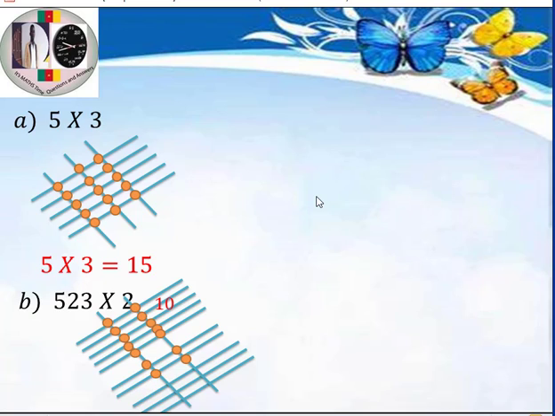So at that point we have the number 4. At the last point we have 1, 2, 3, 4, 5, 6. So we have 6 there. Therefore the number 523 times 2 is 1046. So that's the answer for 523 times 2.